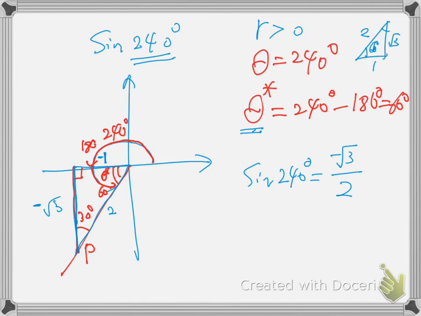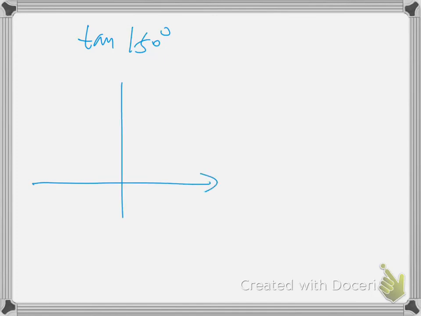Let's do it again. Let's find tangent of 150. First we draw the angle. 150, so this is 90, and the half circle is 180, which is too big, so we stop here. So this is 150.